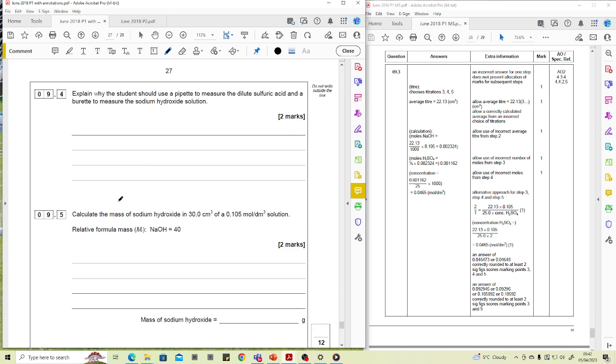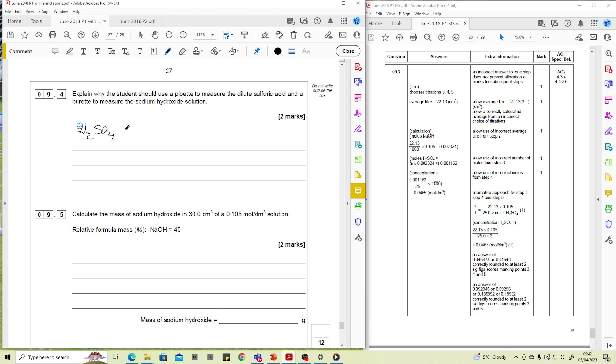Question 9.4. Why should the student use a pipette to measure the dilute sulfuric acid and a burette to measure the sodium hydroxide solution? So I've given you this question in class before, I believe, and what we're just trying to do is just to make sure that we know that we've got variable volume versus set volume.